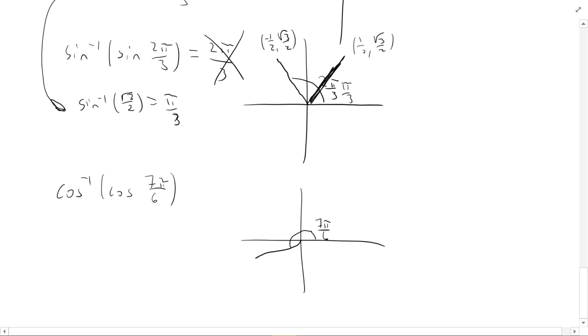So I need to somehow figure out the angle in the top half of the circle that gives me the same x value as the bottom half of the circle. So notice these two points here have the same x value. They're both negative root 3 over 2. This one's a positive 1/2 for the y. This one is a negative 1/2 for the y.